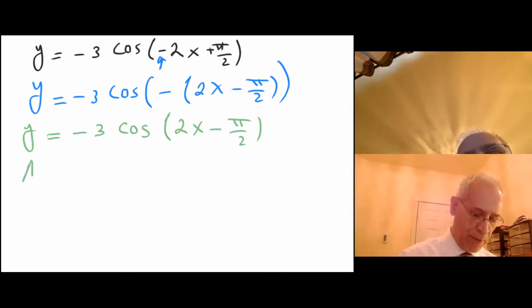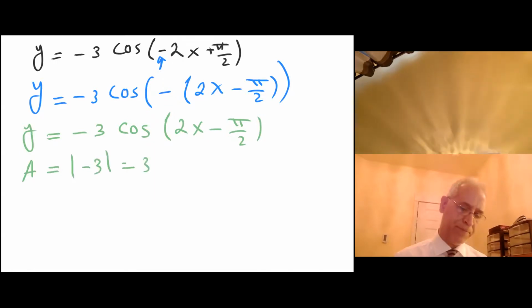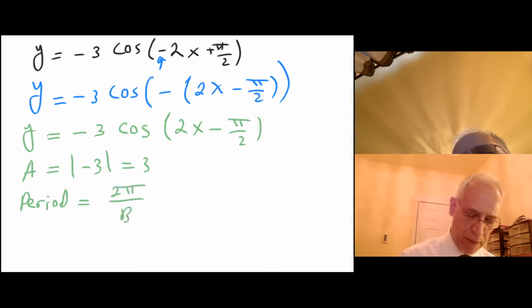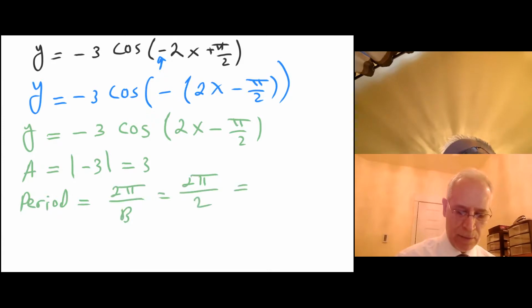Amplitude here is the absolute value of minus 3, which equals 3. Period equals 2 pi over b, which is 2 pi over 2, that equals pi.